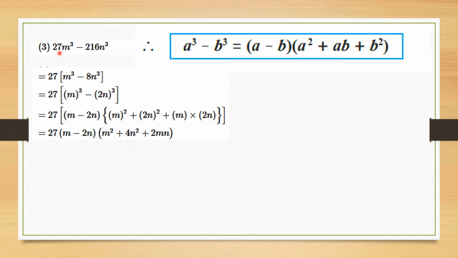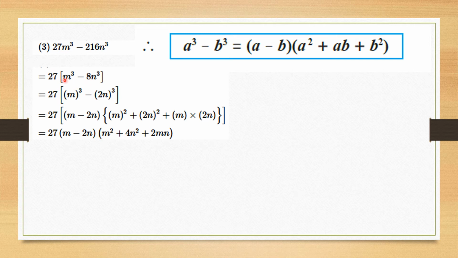So that is the reason we'll take 27 common outside. Since 216 is a multiple of 27, and 27 multiplied by 8 is 216, or in simple words, 216 comes in the table of 27 and 27 into 8 is 216. So I'm taking 27 common outside, and inside the bracket you'll be left with m cube minus 8n cube.